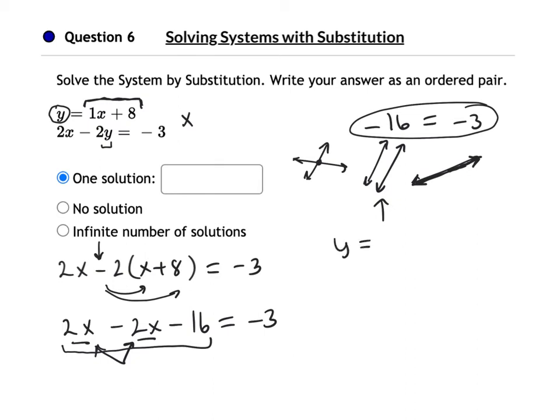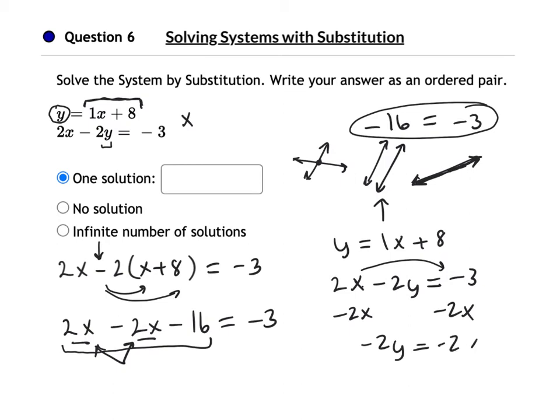Look at the equation, y equals 1x plus 8. And look at our other equation, 2x minus 2y equals negative 3. If we move the 2x to the other side, minus 2x, negative 2y equals negative 2x minus 3, and we divide by negative 2, this equation, which I'll put in blue, becomes y equals x minus 3 halves.